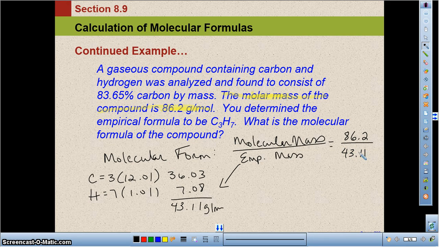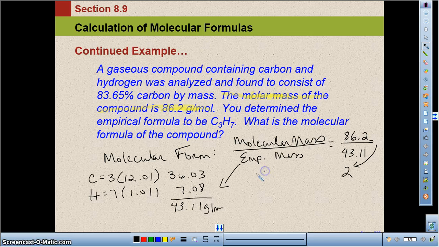We're going to take 86.2 divided by 43.11. And when you do this, you're always going to get a whole number. If you don't get a whole number, like this is 1.999, so that's 2. If you don't get a whole number, you've done something wrong. So you take that as a multiplier.